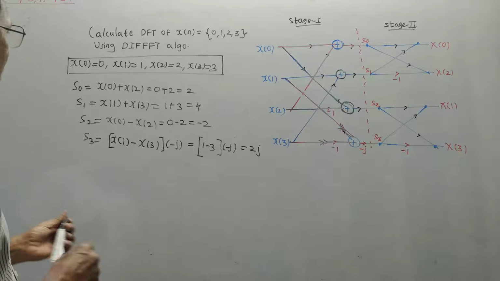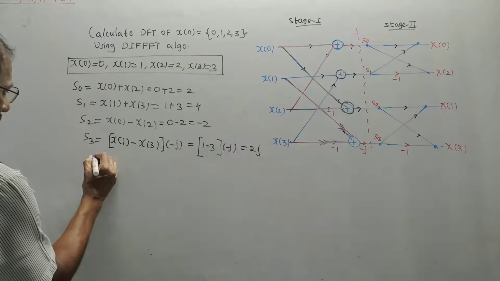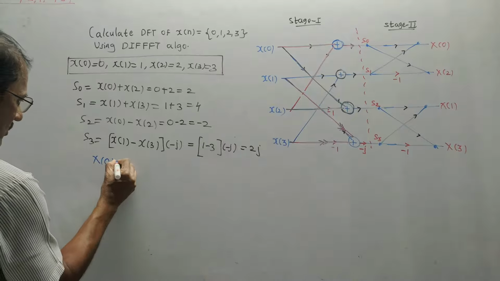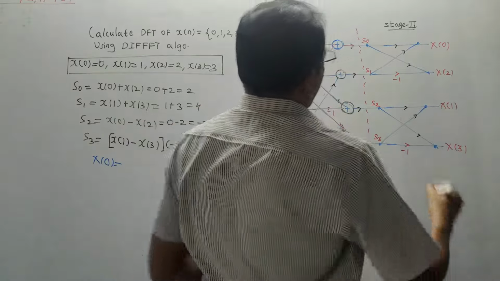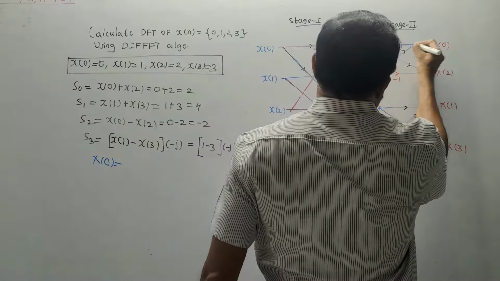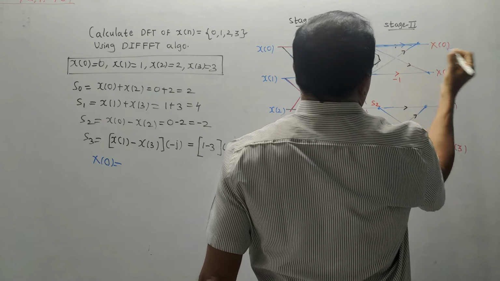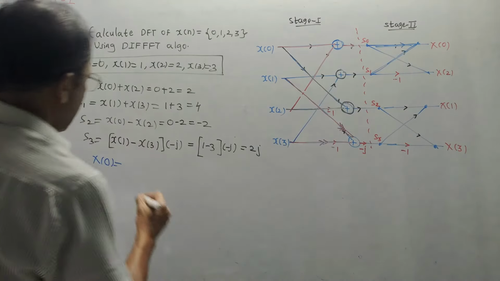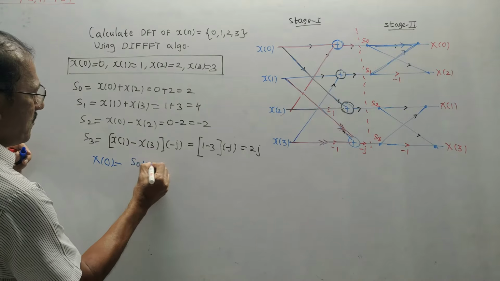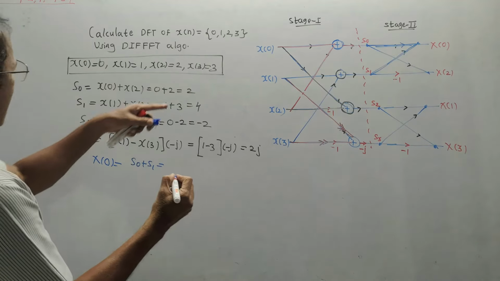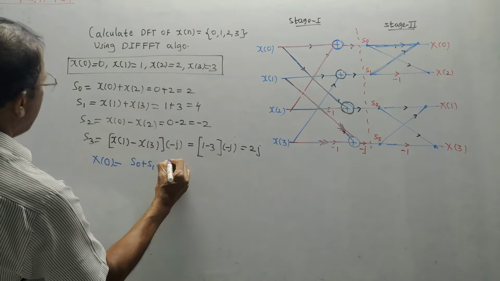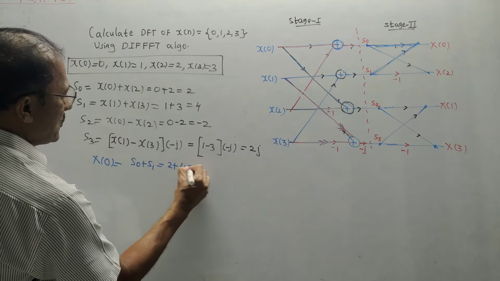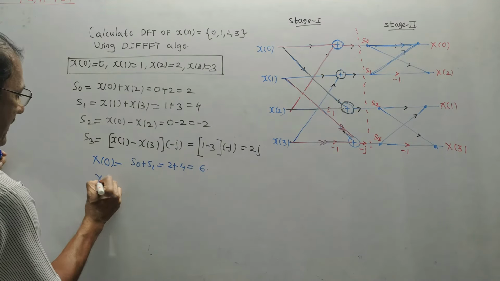Now final output, that is first output, x of 0. Look at this diagram. For x of 0, what lines are connected? S0, this is first line and second line is S1. These two lines are connected, so it is simply S0 plus S1. So S0 plus S1, that is 2 plus 4, which is equals to 6. Then x of 1.